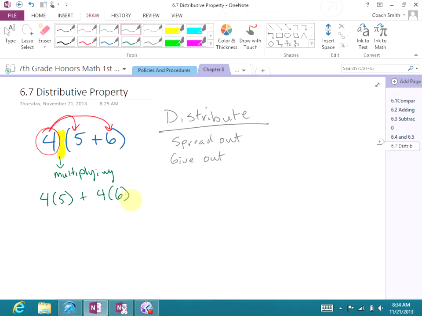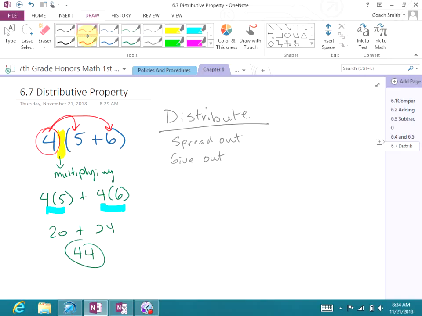So in the future, when we don't have simpler problems, for example, Chapter 7, we'll know how to do the distributive property. And of course at this point, you just multiply those two things out. We take 4 times 5, which is 20, plus 4 times 6, which is 24, and you get a total of 44.